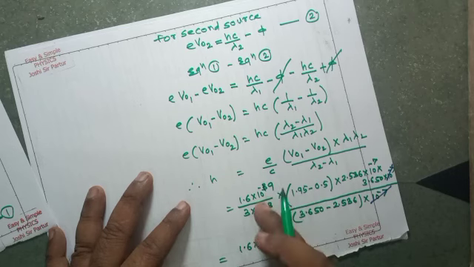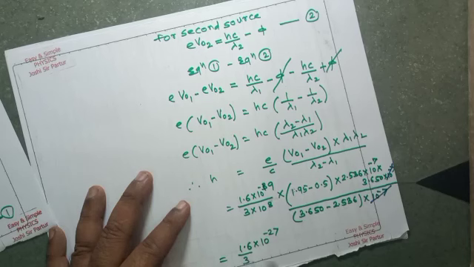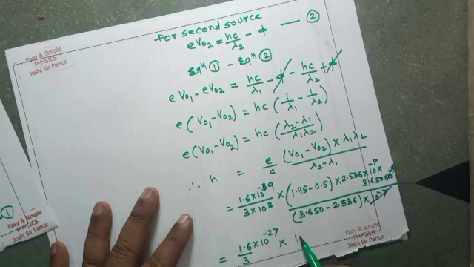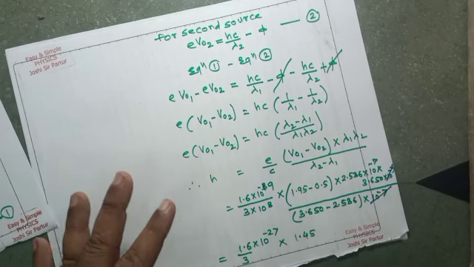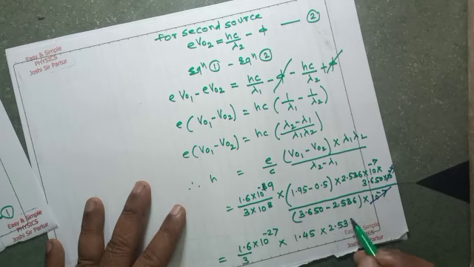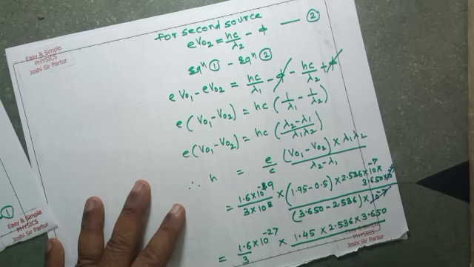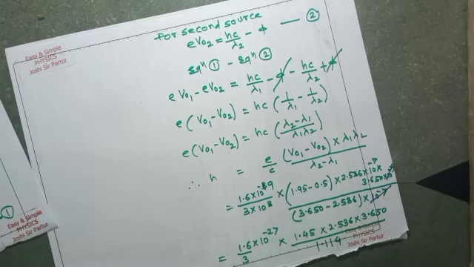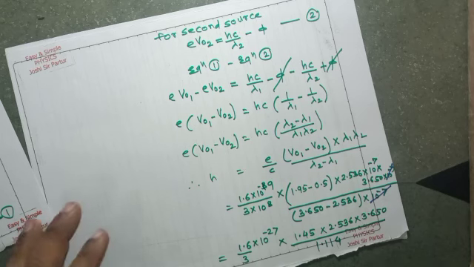So here we can take it as 1.6 into 10 raised to minus 27 upon 3, because 8 is in the denominator, that is minus 8, 10 raised to 7, into 1.45 into 2.536 multiplied by 3.650 divided by 1.114 will be there.